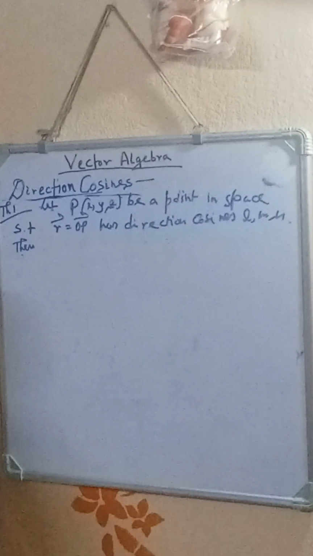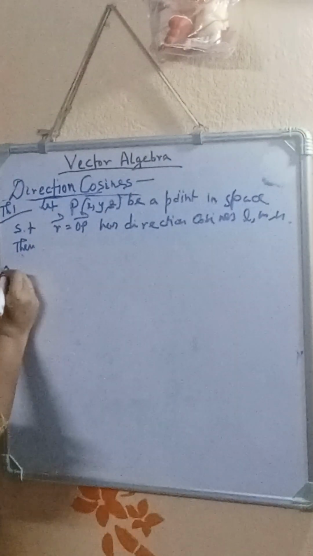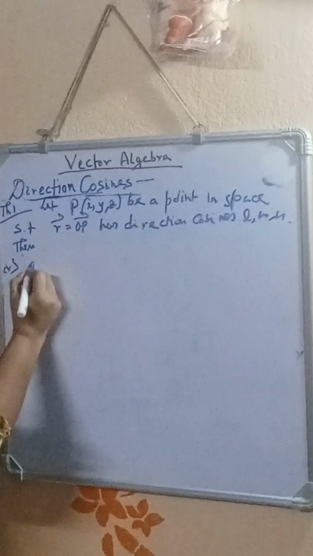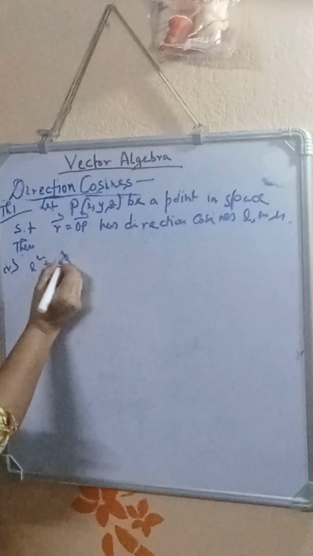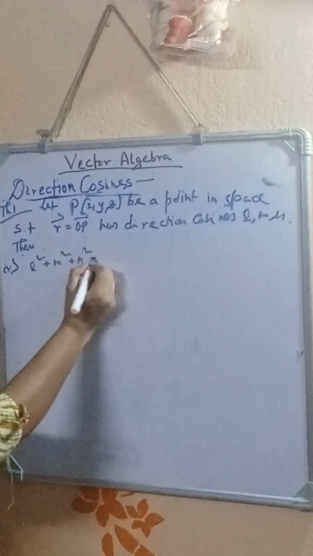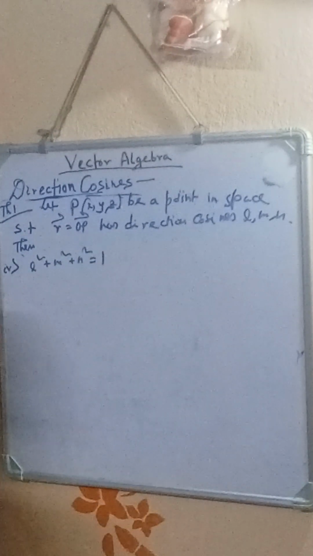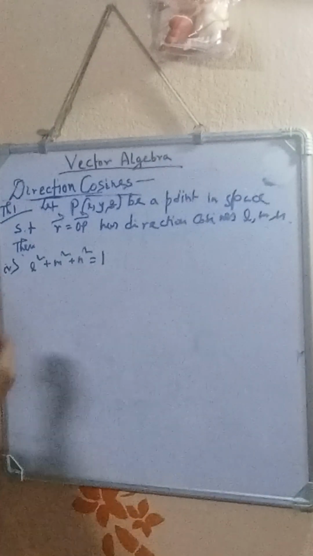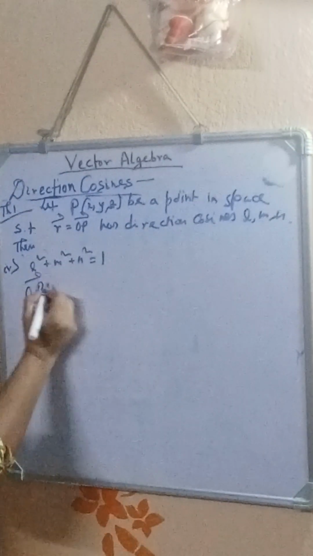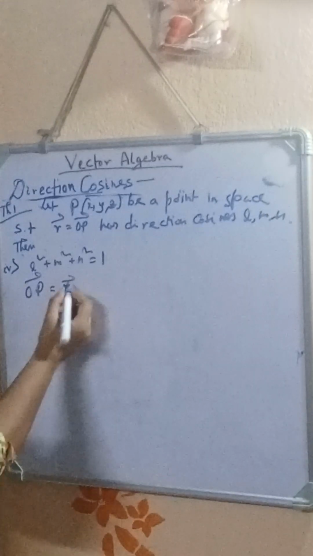Now, theorem number 4: l square plus m square plus n square equals 1. OP vector equal to r vector.